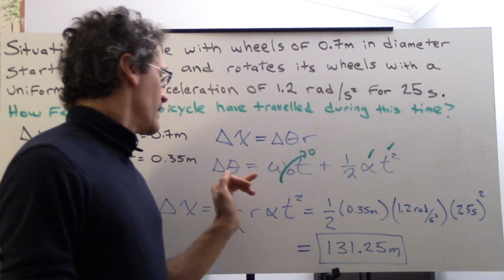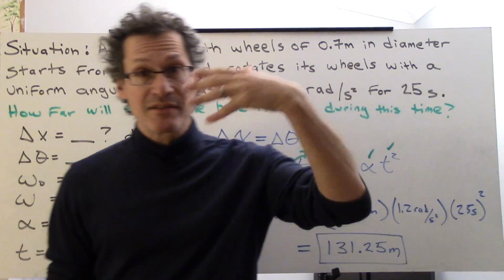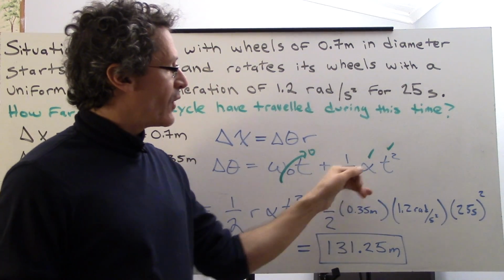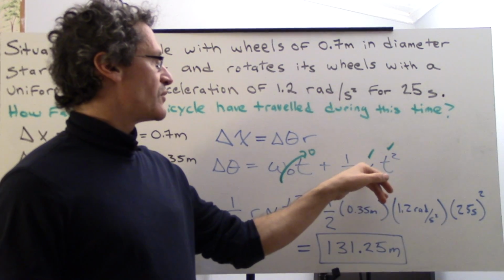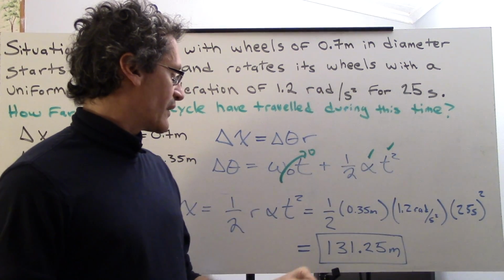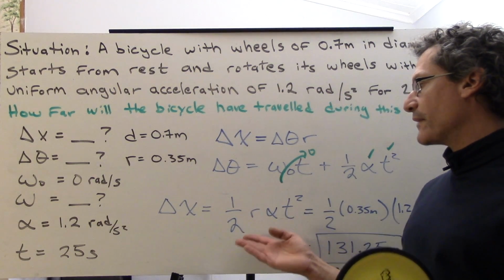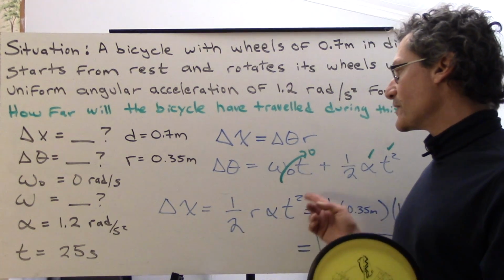Here's why. Delta theta is omega naught times t, and omega naught is 0 because of beginning from rest, plus 1/2 alpha t squared. We have both of these, check, check: 1.2 radians per second squared and 25 seconds. So delta x is 1/2 r times alpha times t squared.